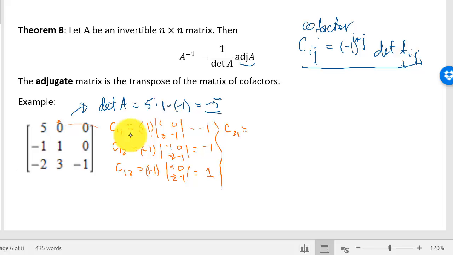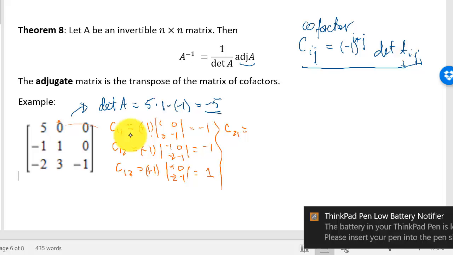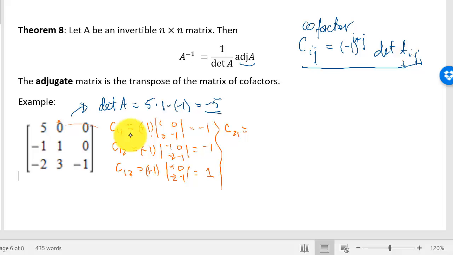C21 is going to be, and what we have in that position is positive, negative, so this is a -1.